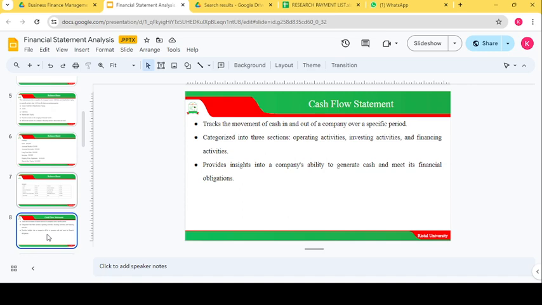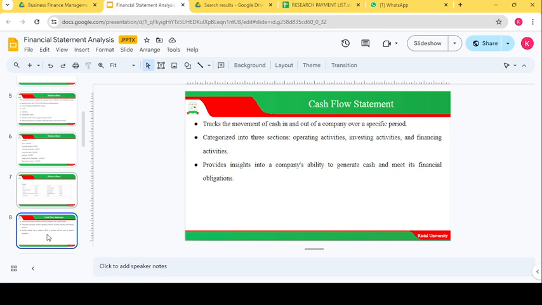Then let's look at the cash flow statement. The cash flow statement provides a summary of the company's cash flows, cash inflows and outflows over a period of time. It is categorized into three: the operating, investing and financing activities.